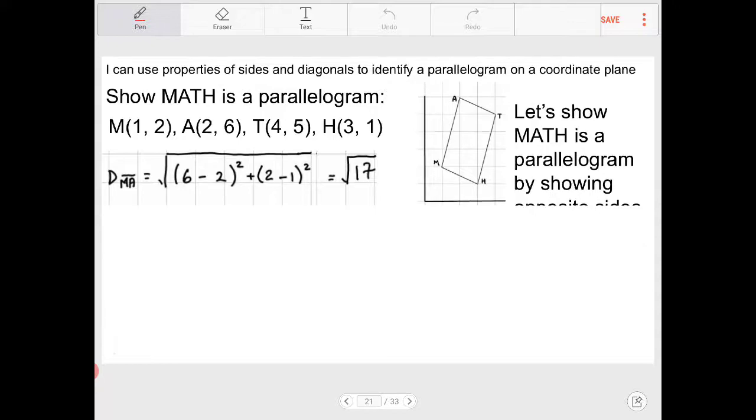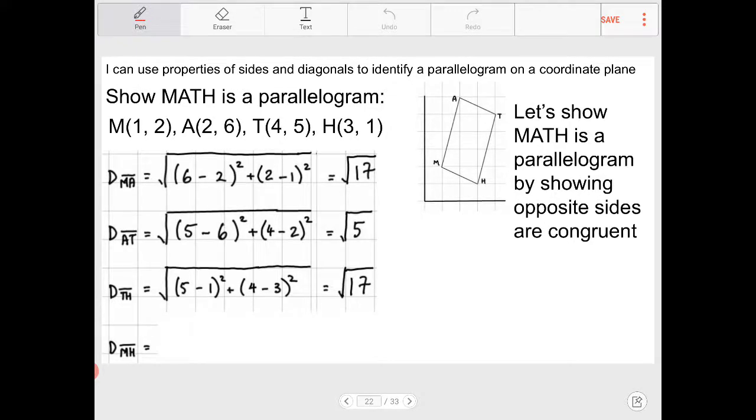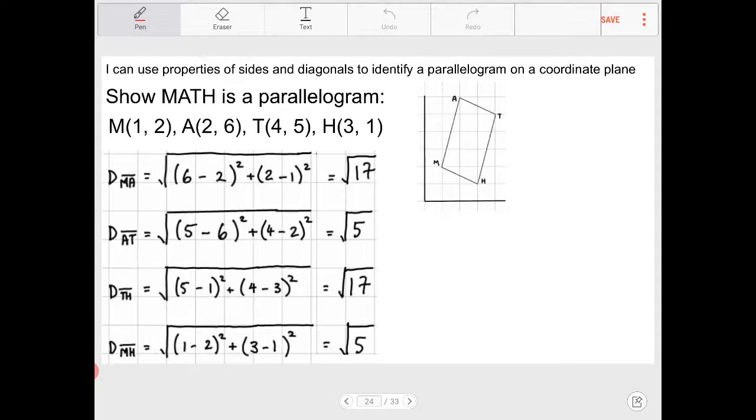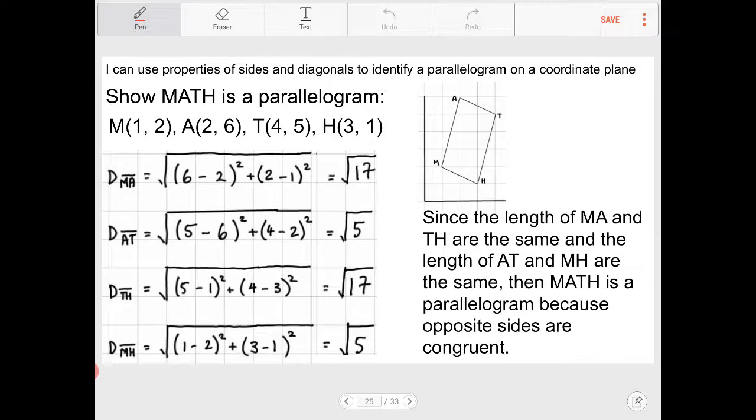The length of TH is again square root of 17, and the length of MH is square root of 5. So what is the declaration that you should write? It should sound something like this. Since the length of MA and TH are the same, and the length of AT and MH are the same, then MATH is a parallelogram because opposite sides are congruent.